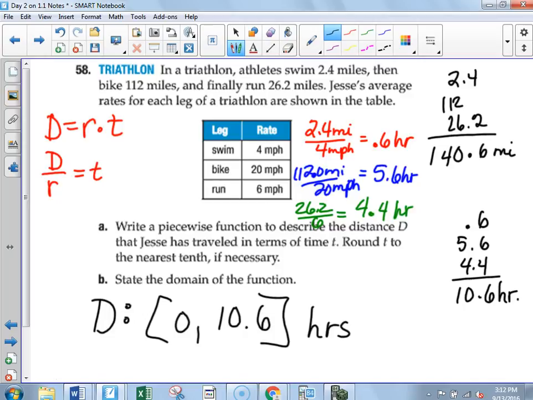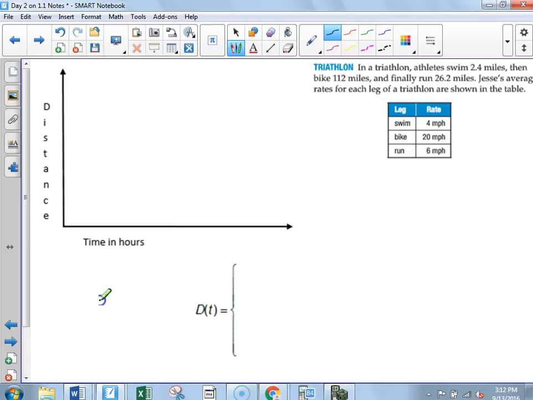To help us with part A, I'm going to suggest that we plot some ordered pairs. He starts 0 distance, 0 hours in. What is the next point we know? At how many hours in, he's how far away? At 0.6 hours in, he's 2.4 miles away.